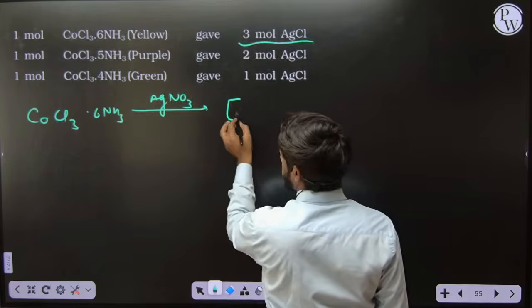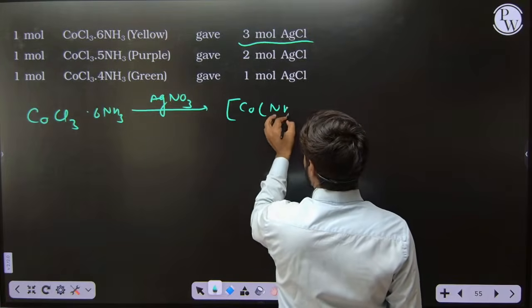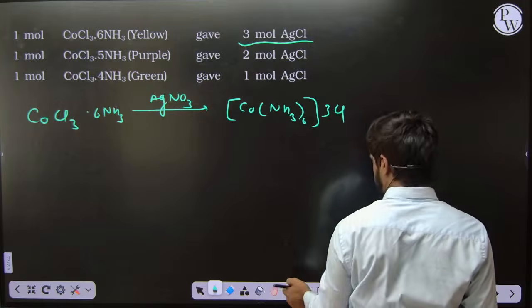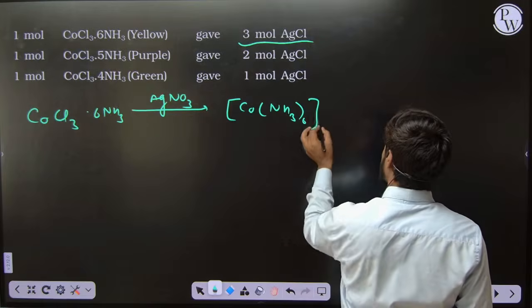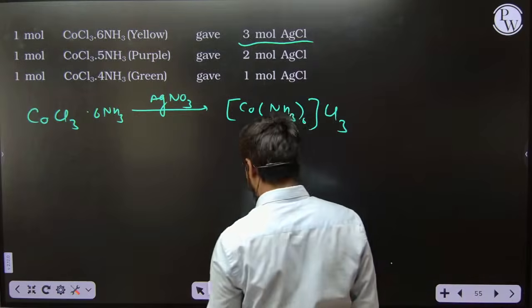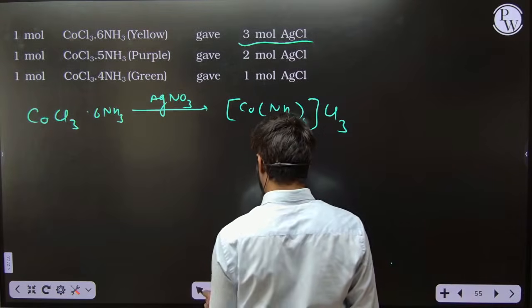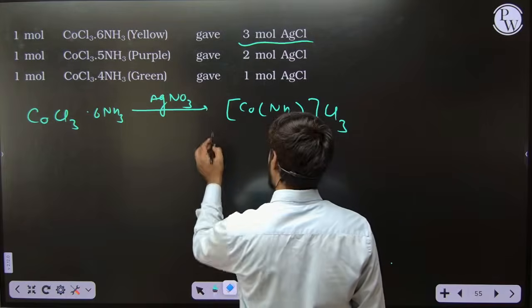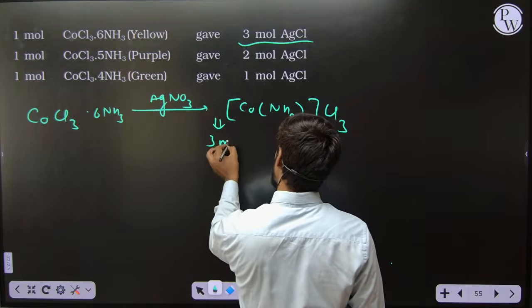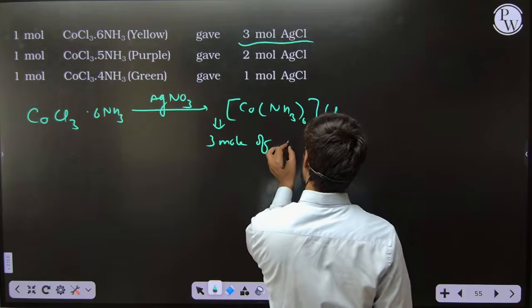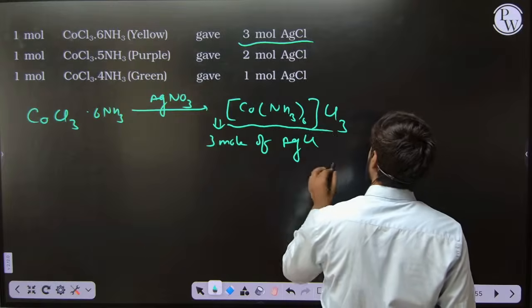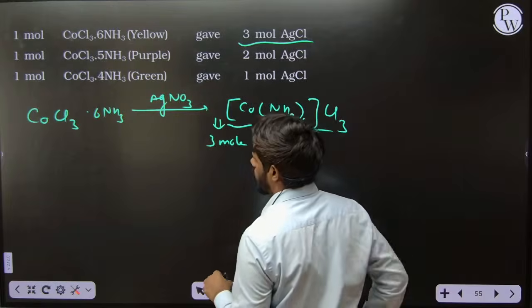It is cobalt, NH3 that is 6, and 3 Cl. If it gives 3 moles of AgCl, that means the complex will be like this, where 3 ions can be ionized.